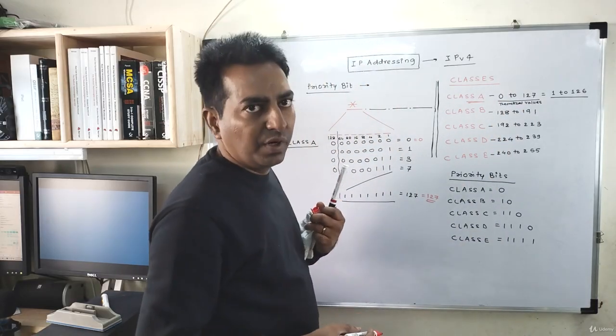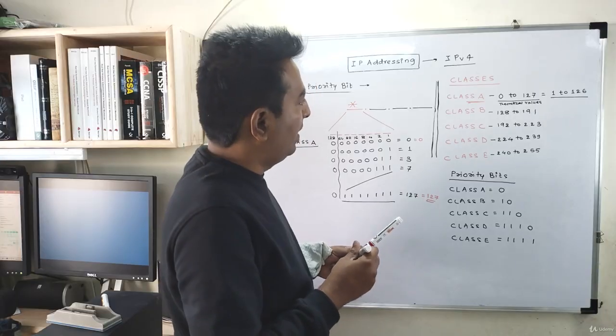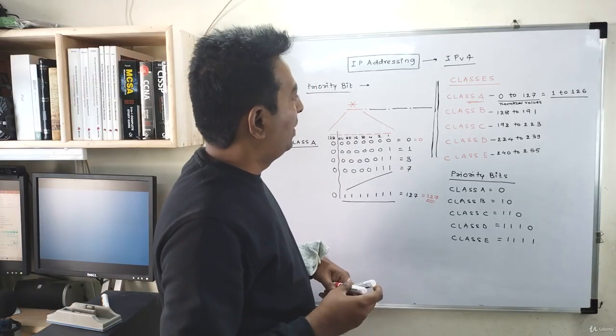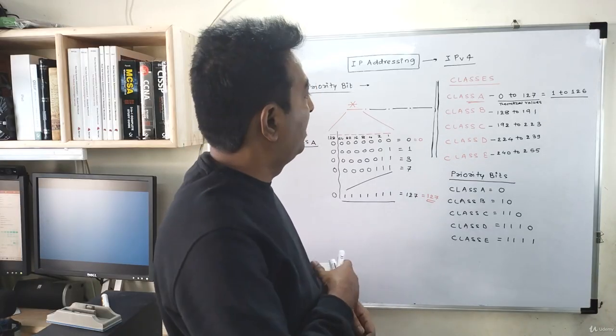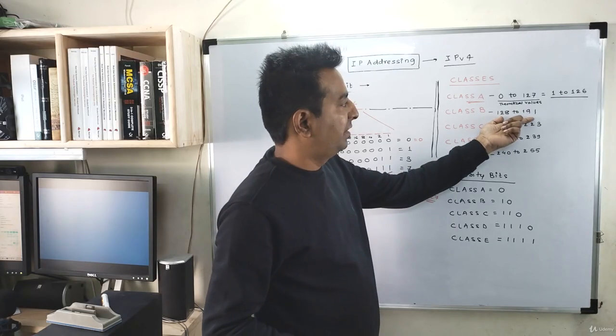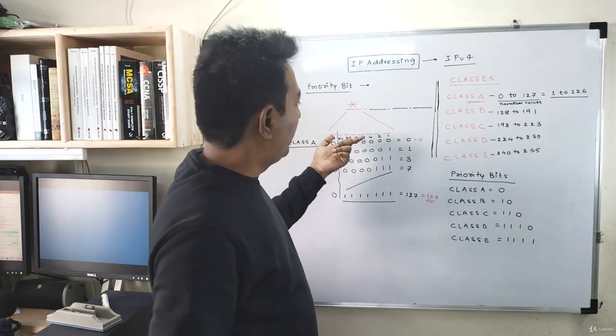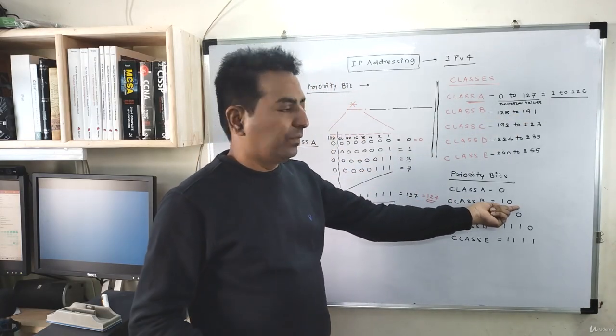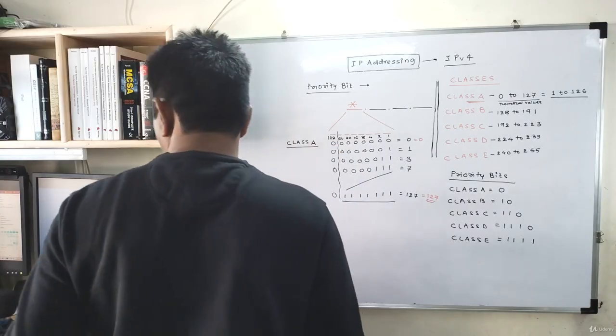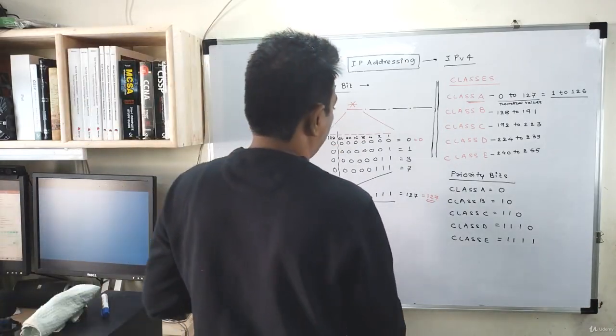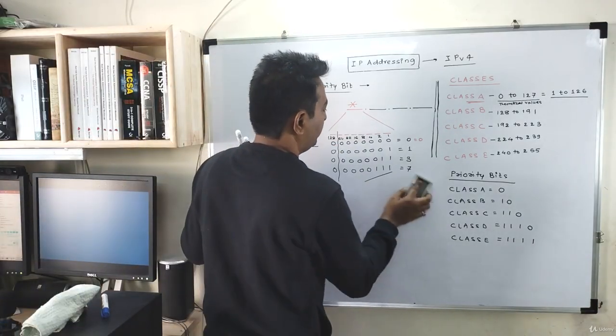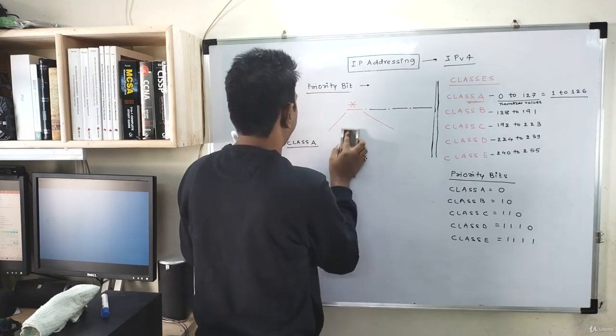So friends, I hope you understood. Now let us try to check if we can arrive at this value by assigning the priority bit as 10 to a class B IP address. So let me just wipe it off.